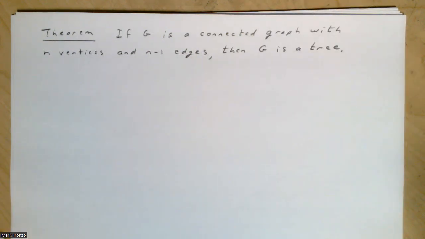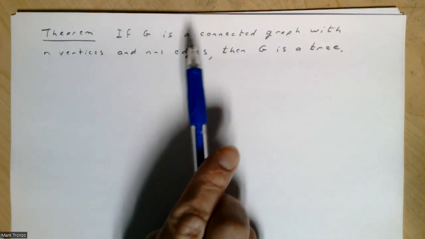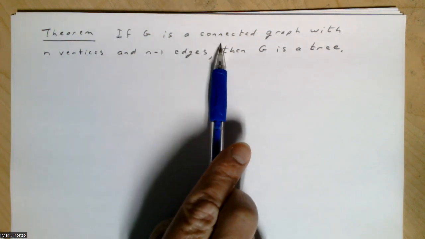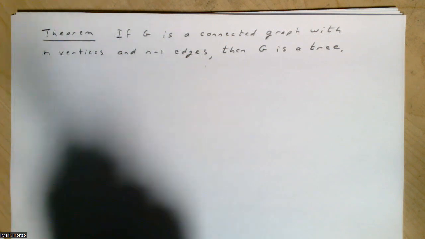So if it's a connected graph with n vertices and n minus 1 edges, it is a tree. Again, it's important. It has to be connected and have these to be true.